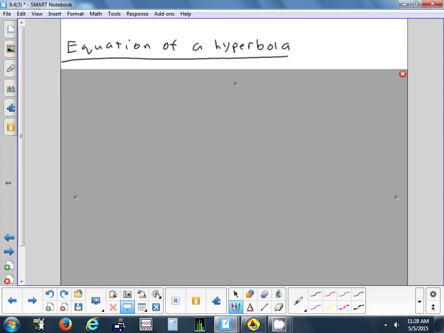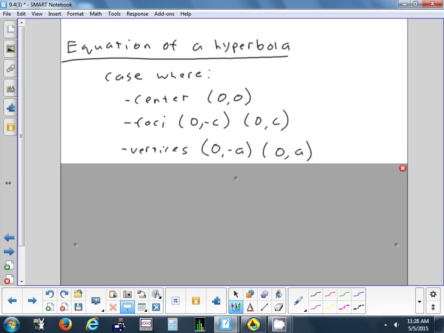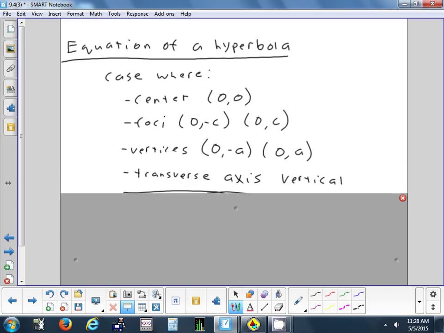Okay, our next equation. This is going to be the case where the center is still at the origin, but now your foci and vertices are above and below. Everything's lining up vertical. Foci are C units above and below the origin, vertices A units above and below the origin. Your transverse axis will be vertical.